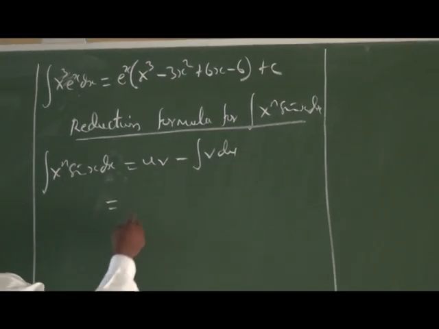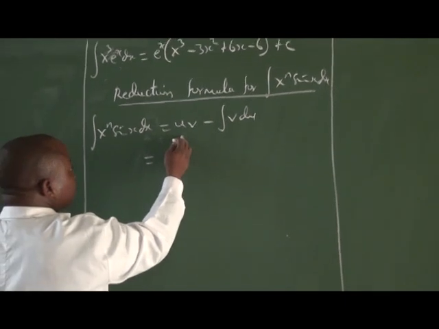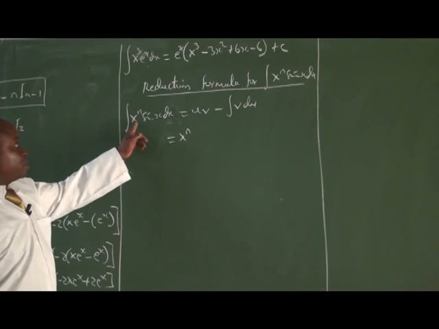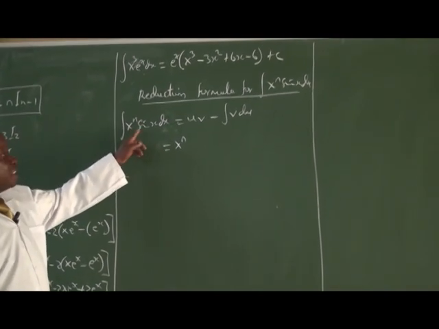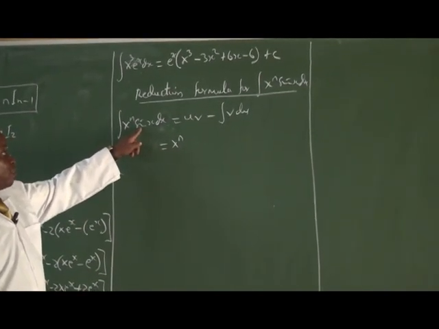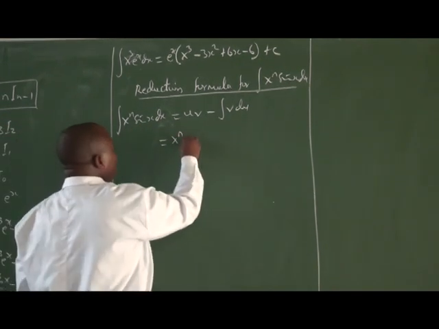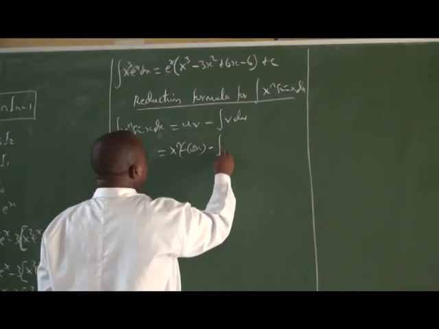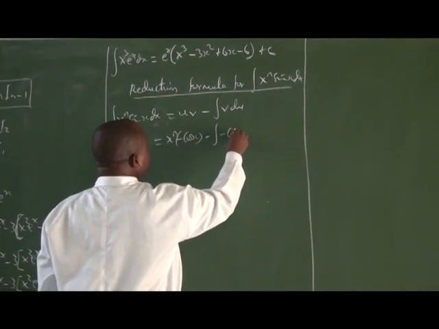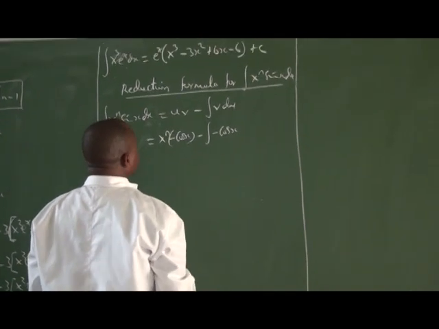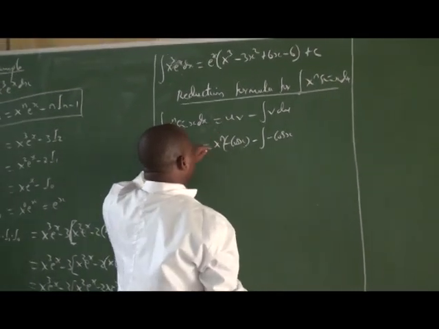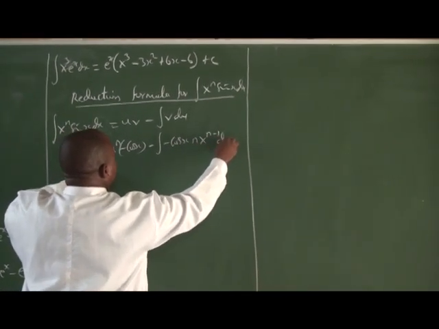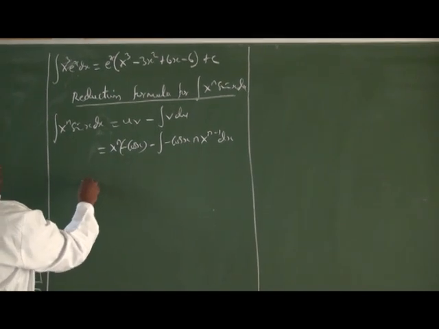And so we know that u is x^n. U will always be this. Then v is the integral of sine. Of course, if you integrate sine, you have minus cos x. So minus the integral of v, that is minus cos x, then du. So if you differentiate u, you have n x^(n-1) dx.